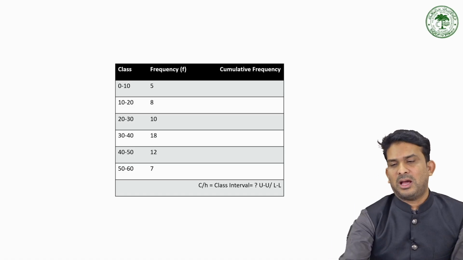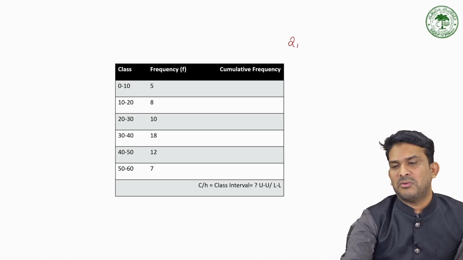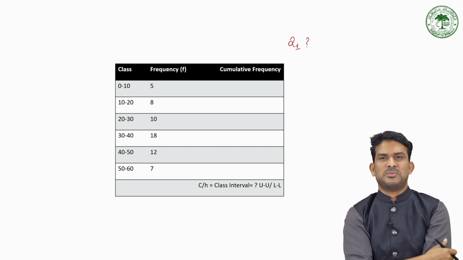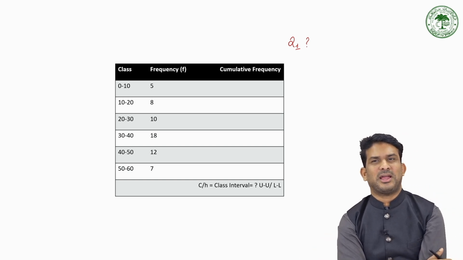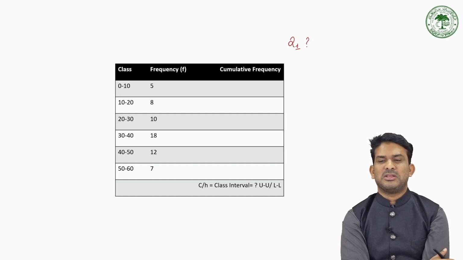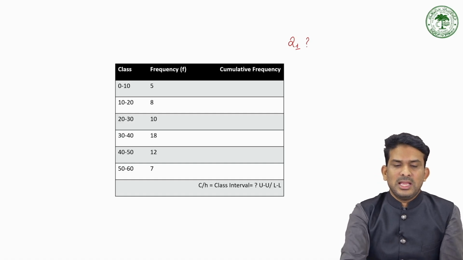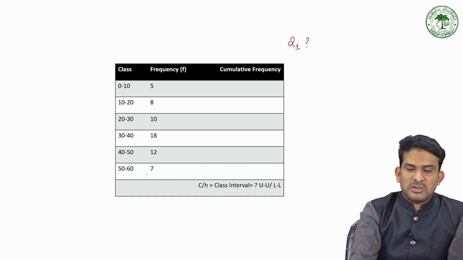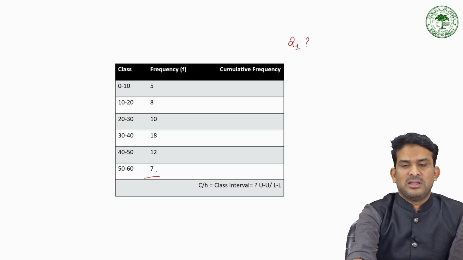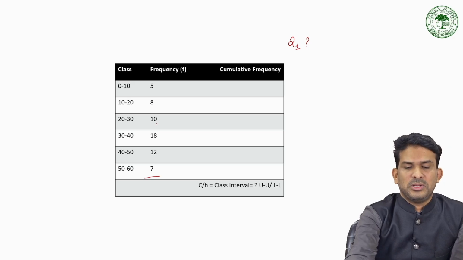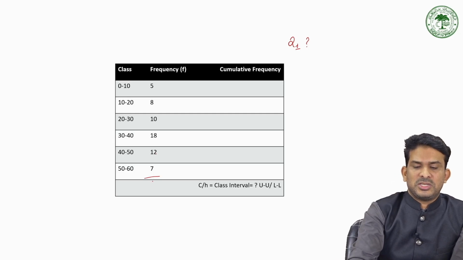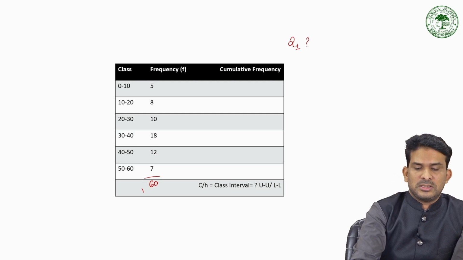Computation of Q1. How to identify Q1 from the following data, that is the frequency distribution. Of course, we have to write the cumulative frequency first. Initially, let me add the frequency. What is the total frequency we have? 5 plus 8, 13, 23, 41, 53, 60. N is 60.